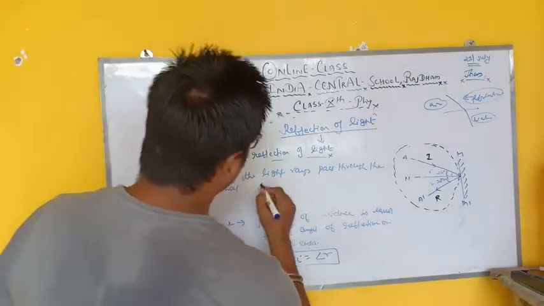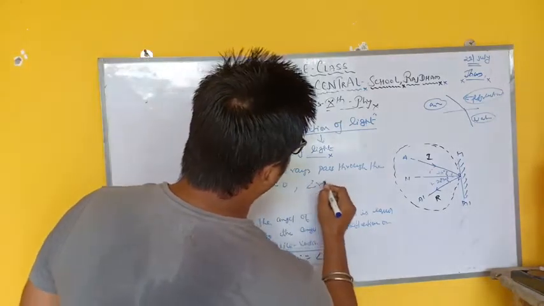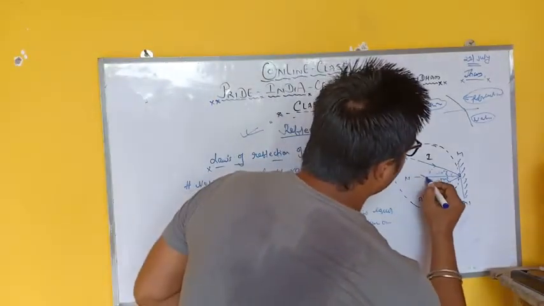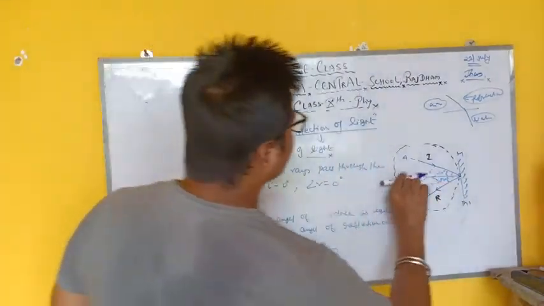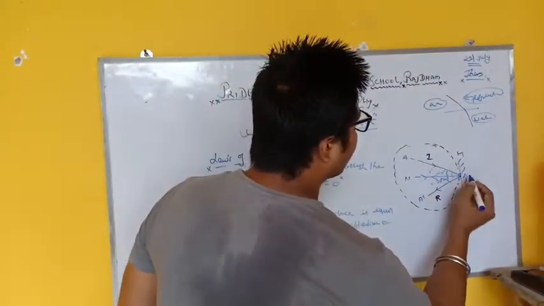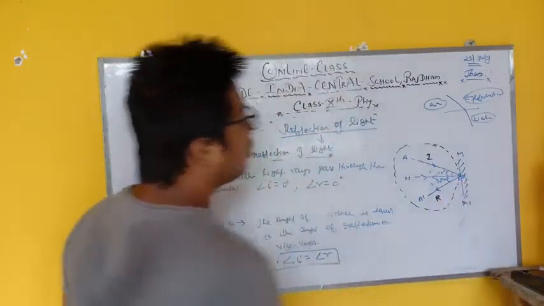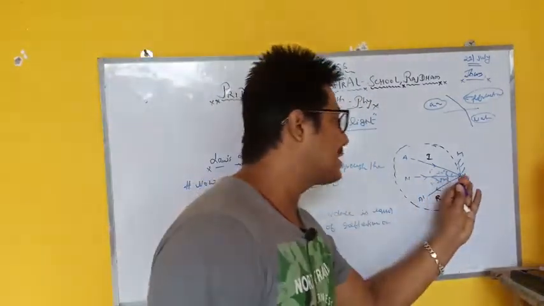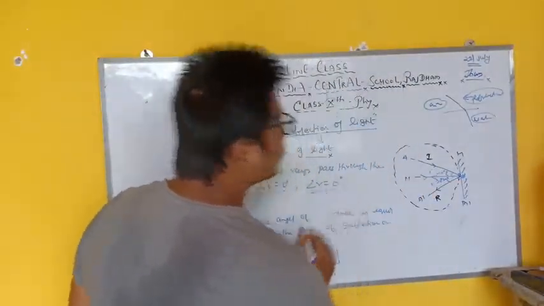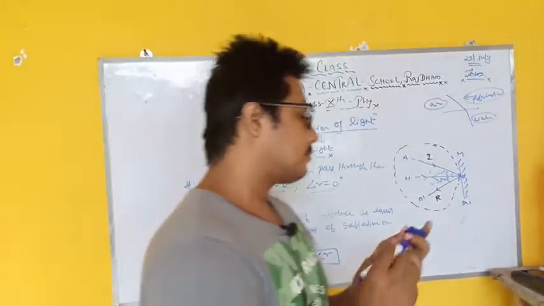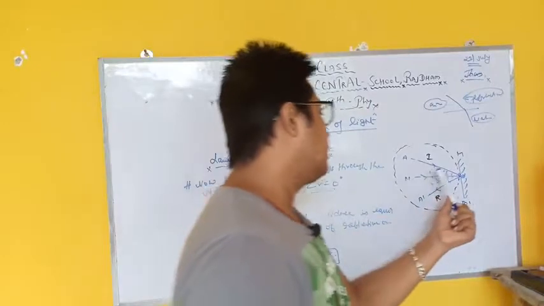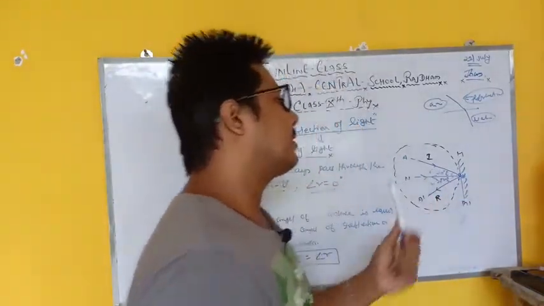The situation will be angle I will be equal to 0, angle R also will be equal to 0 degrees. Why? The light rays will go in this direction and bounce back in the same direction. It's not making any angle with the point of incidence O, and hence angle I will be equal to 0 and angle R will be equal to 0. And hence it will be reflected back in the same direction.